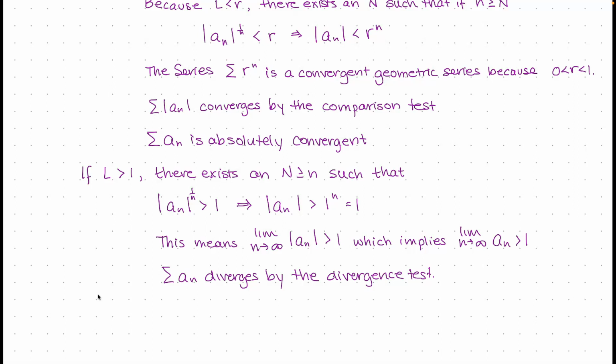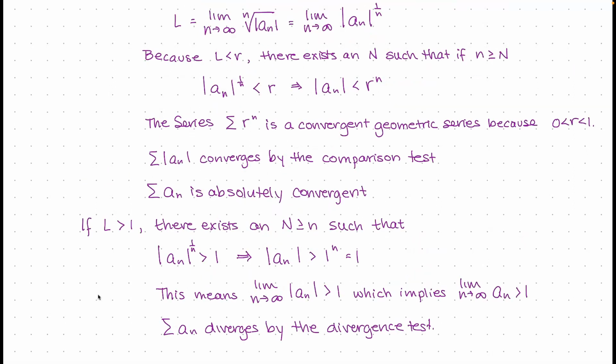You can do something similar with the ratio test to get a more formal proof. But I think the ratio test is easier to think about by comparing it to a geometric series. So any questions on this? You won't have to be able to reproduce this at all. This is just kind of a rough reason why.